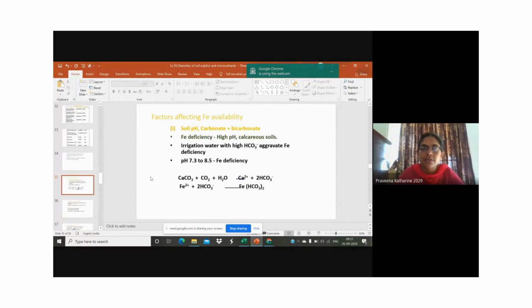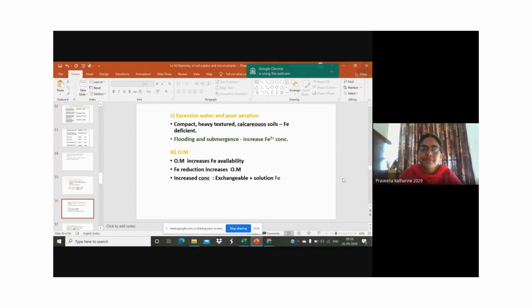So what are the factors affecting iron availability? The pH is a very important factor, because only in low pH do you have iron availability. When the pH increases, you will not have iron in the soil. There will be iron deficiency.